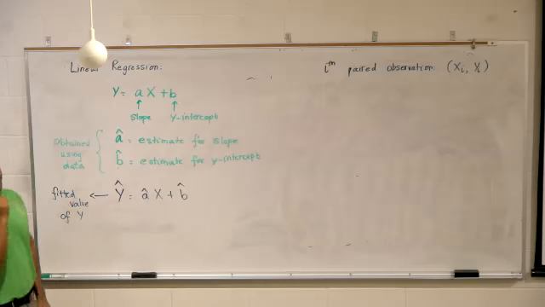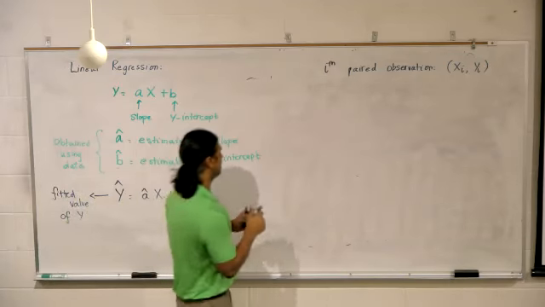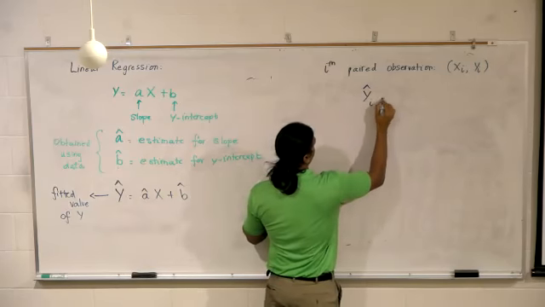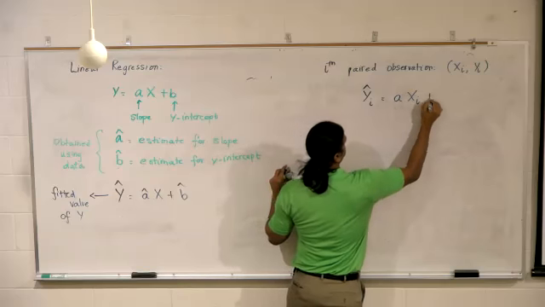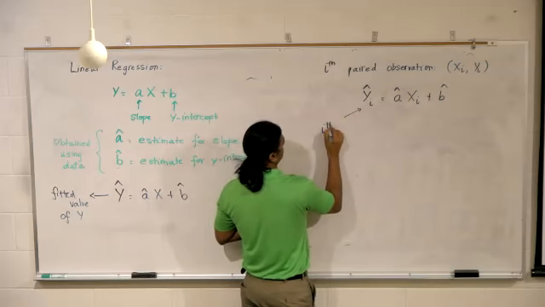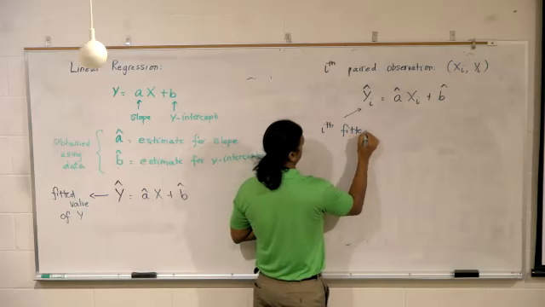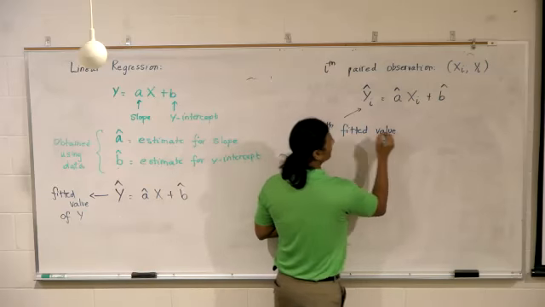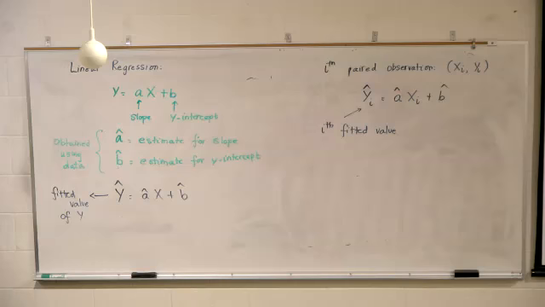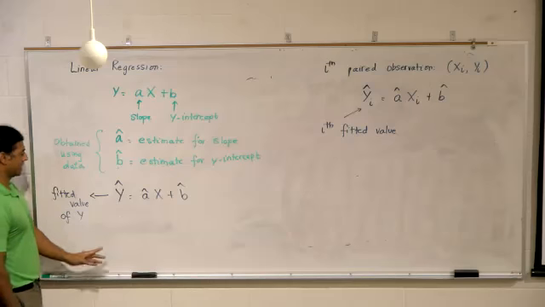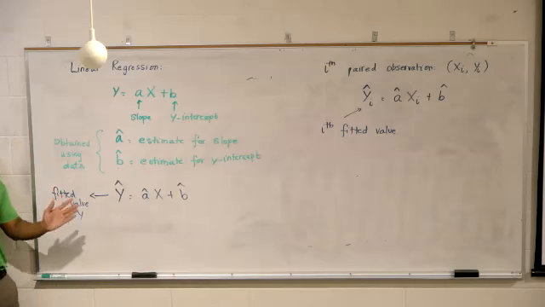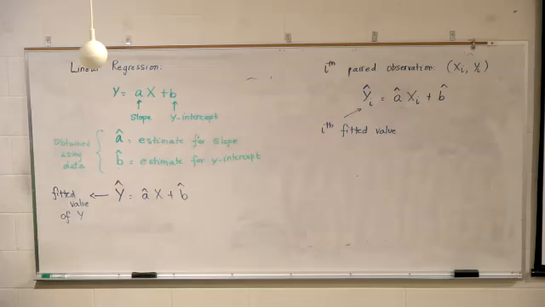So if I pick the ith observation and plug it in my fitted model, I will get the ith fitted value. And as I mentioned, the fitted value is not going to be equal to the actual y value that we used. It will be close, but it's not going to be exactly the same.